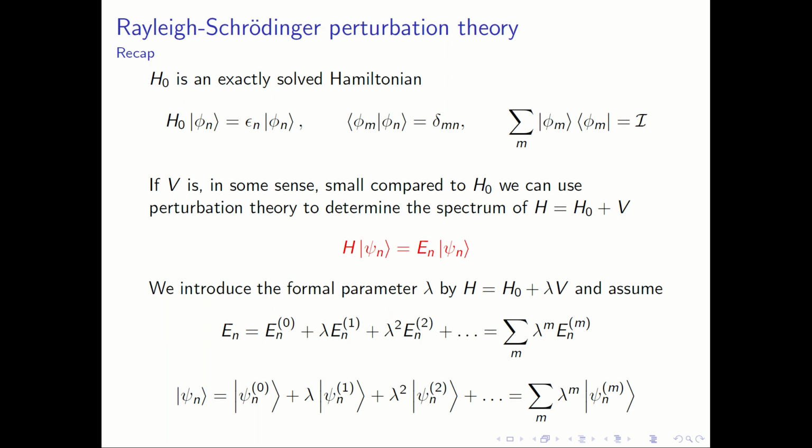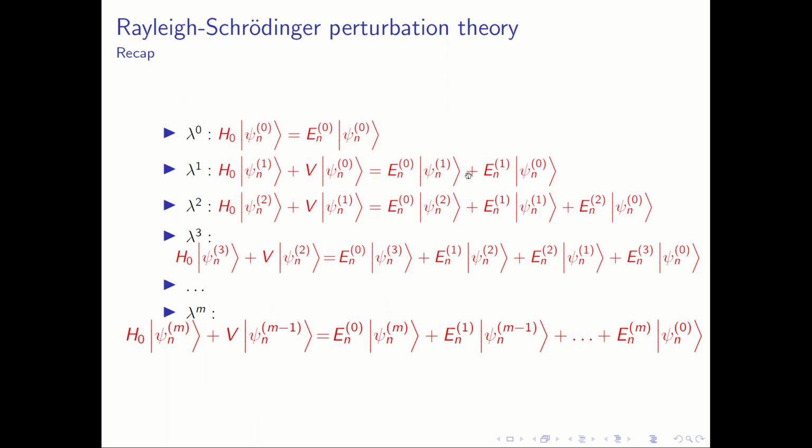Now, when we plug all of these things back into the Schrodinger equation and then compare individual powers of lambda, we end up with the perturbation theoretical equations of various powers, and these are things we met in the first video. So, for lambda to the 0, we get H0 psi n0. This is basically comparing both sides of H psi n equal to En psi n and picking out only terms which are independent of lambda.